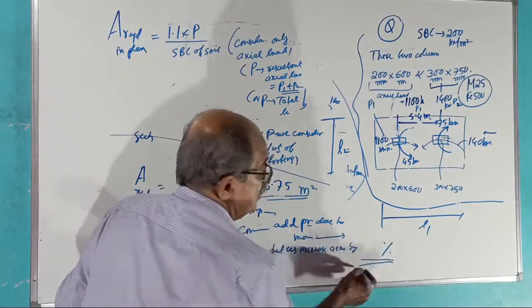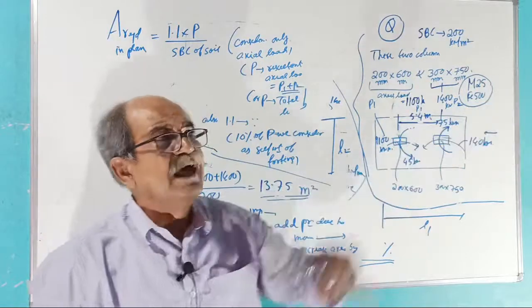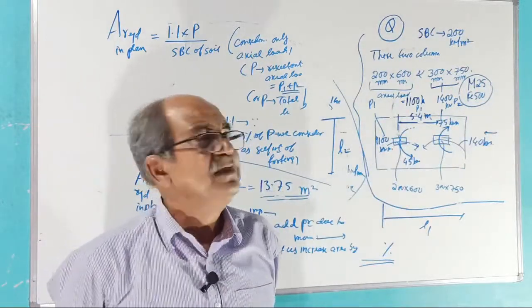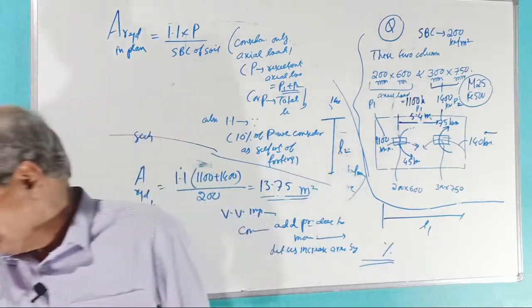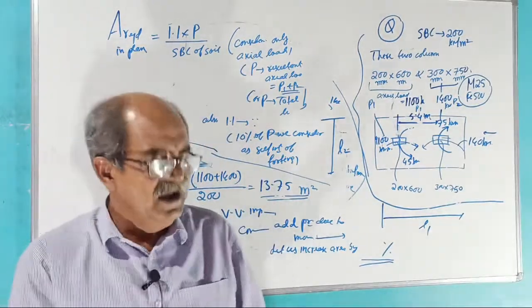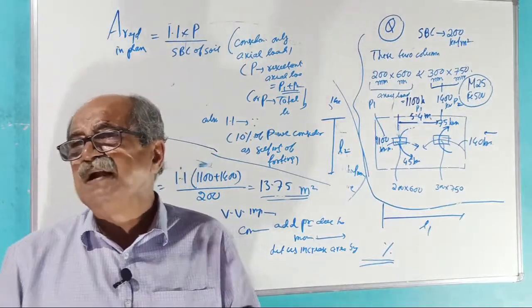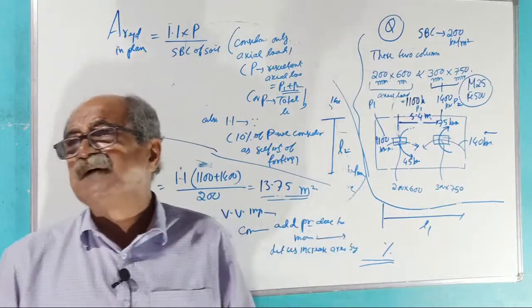I told you, if you try small percentage, unsafe chance is there, pressure will go beyond SBC. If you take high percentage, wastage will come. Some good reasoning percentage. Sometimes 10, 15%, 20% sufficient. Sometimes even 40% also required.